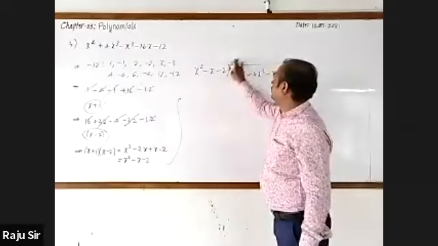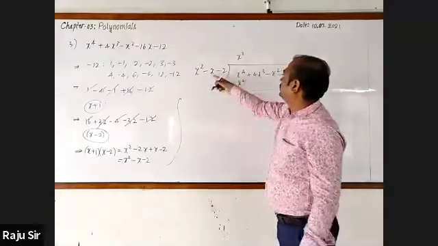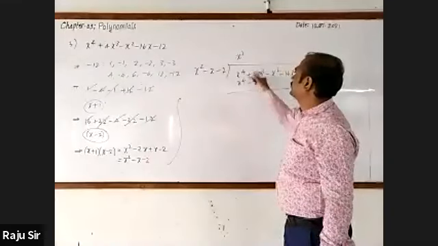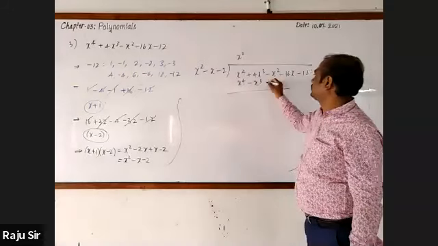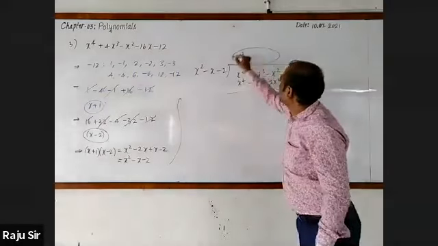Then x squared into x squared, x raised to the power 4; x squared into minus x, minus x cubed; x squared into minus 2, minus 2x squared. I will keep simplifying, and you will get another quadratic polynomial.